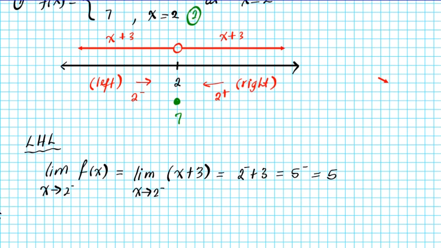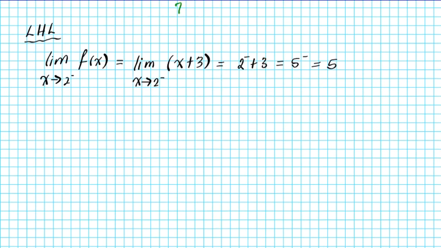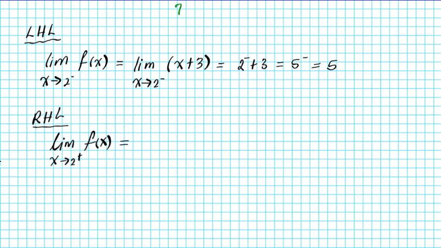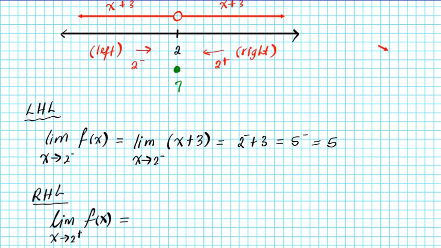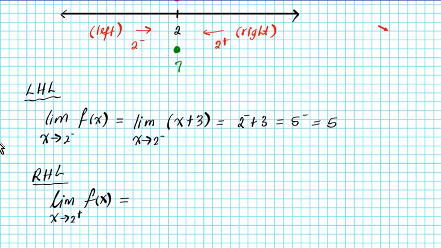Now we're going to proceed by taking a look at the right-hand limit. The right-hand limit basically is the limit as x approaches 2 from the right of the function. If we are to the right of 2, if we take a look at our number line, we can see that the red function is also active. Both from the left and right, the same function is active except when you get to the point.